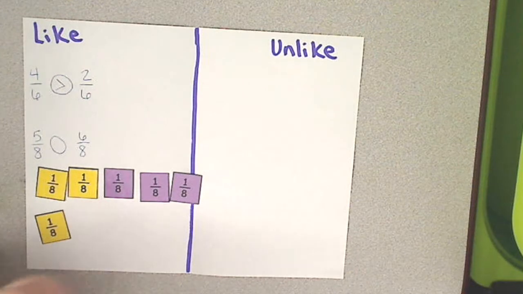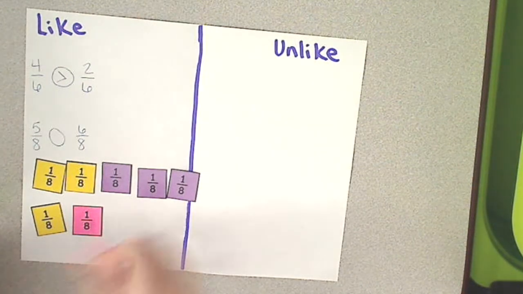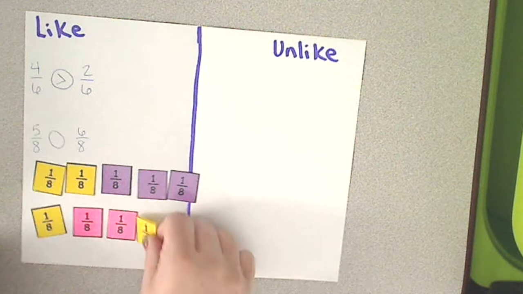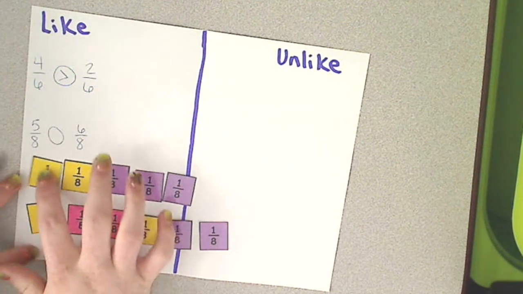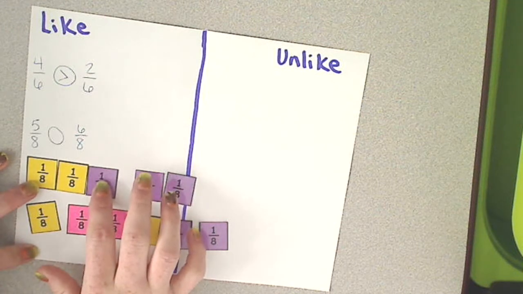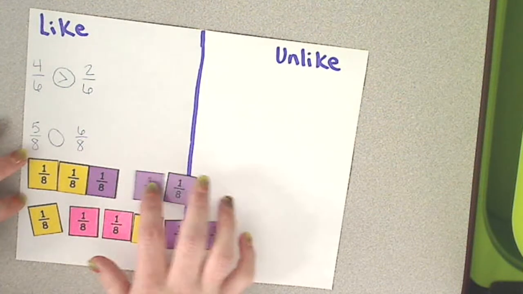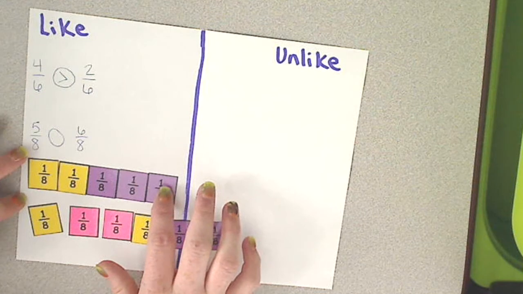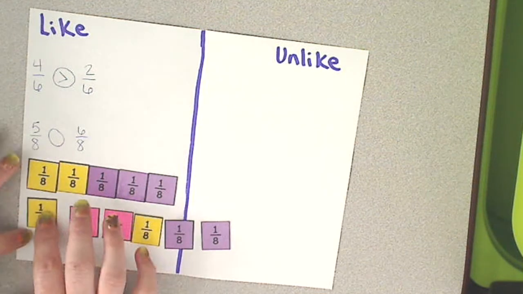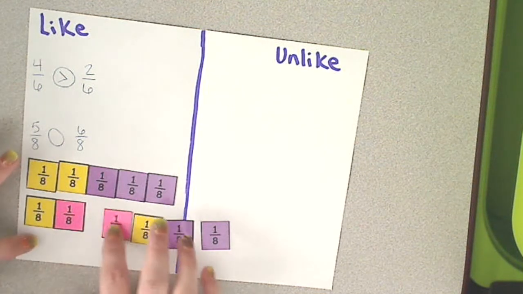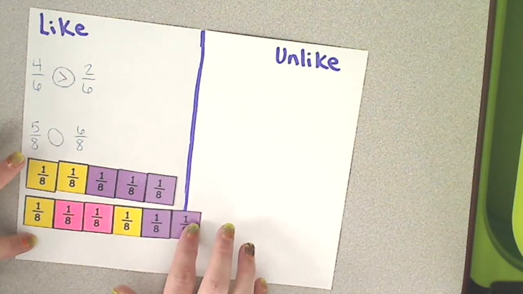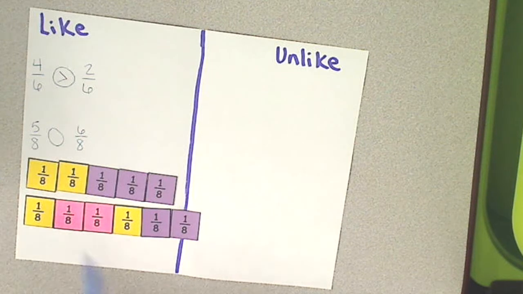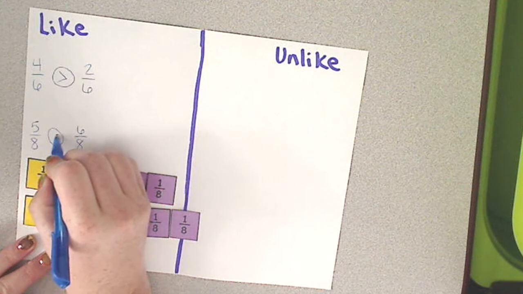And 1, 2, 3, 4, 5, and 6. I just need to make sure that before I start comparing that I line them up. And in this case, we can clearly see that 5/8 is less than 6/8.